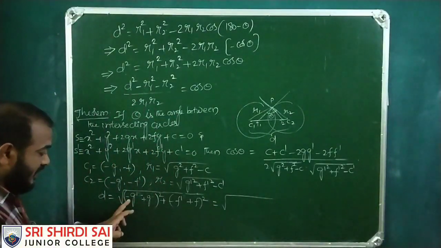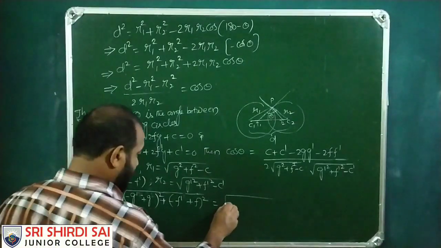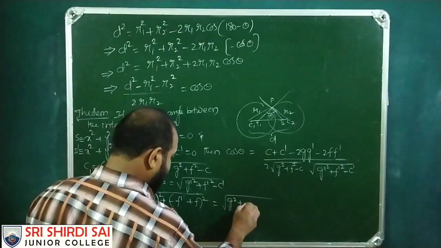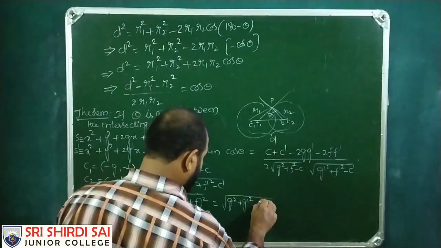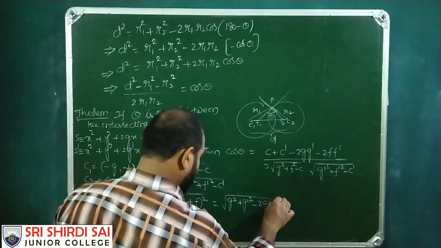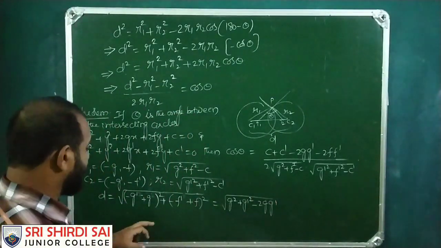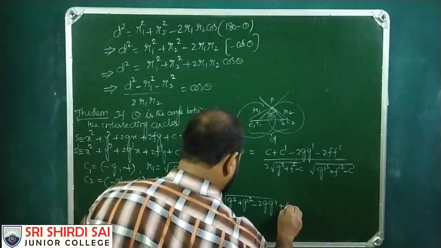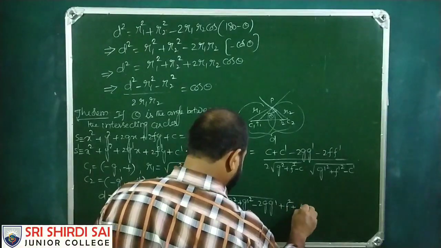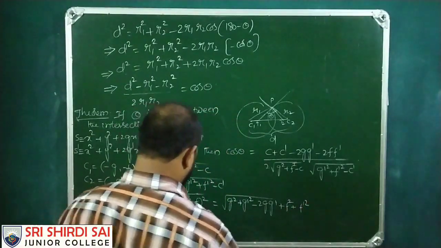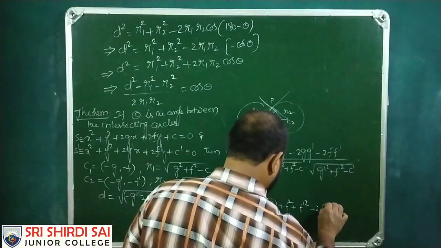this is g square plus g dash square minus 2g g dash. Likewise, this is f square plus f dash square minus 2f f dash.